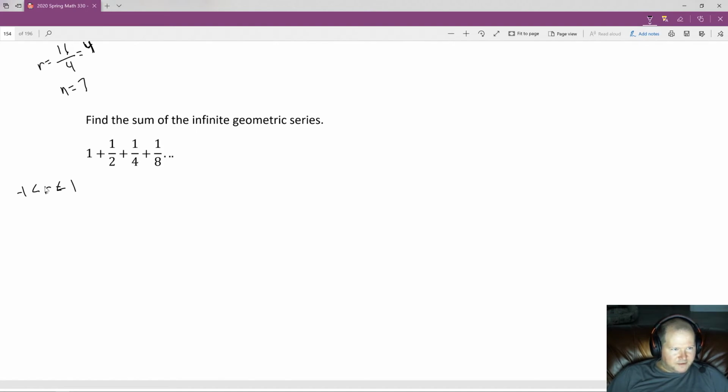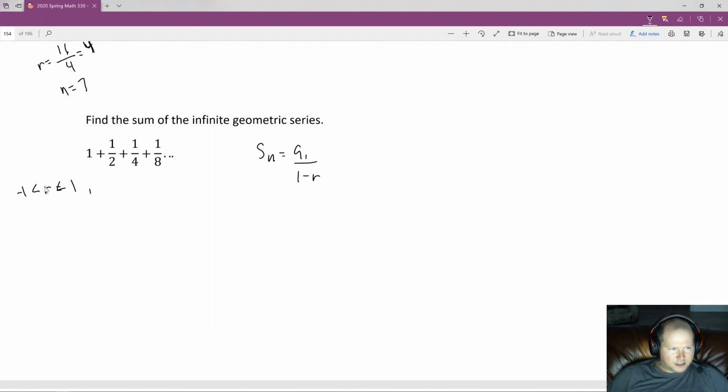What happens if the absolute value is greater than that is it's going to shoot off to infinity, right? But if it's less than that, it'll approach some other value. And the formula we use for that is S is equal to a1 divided by 1 minus r.